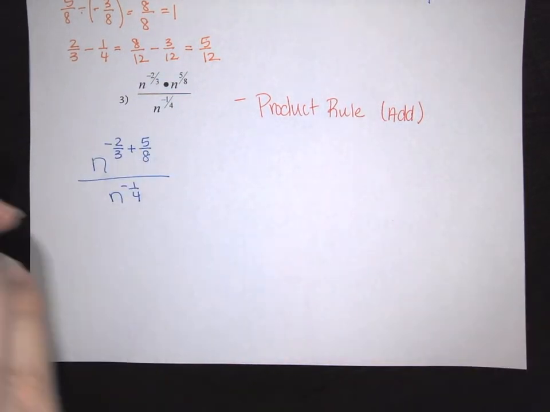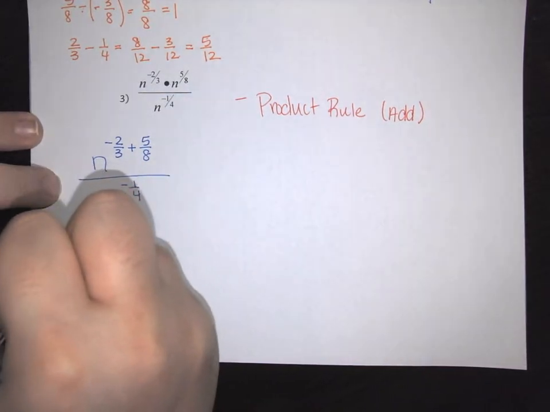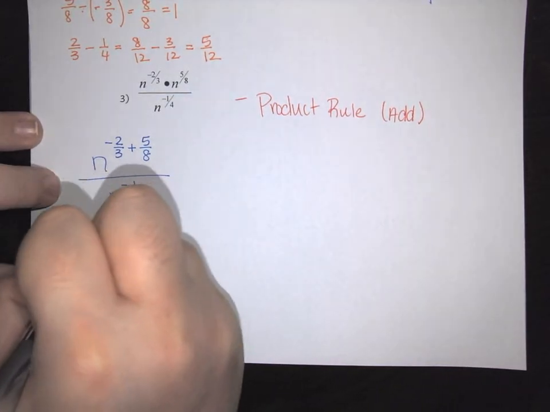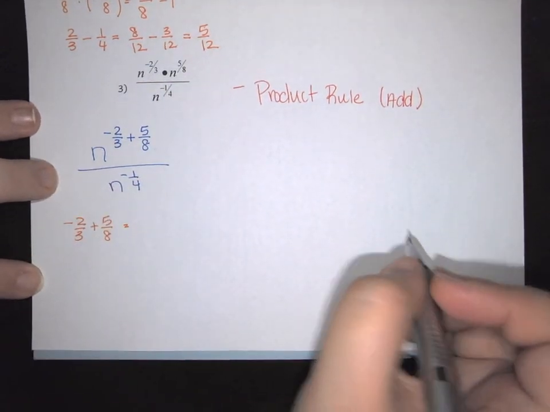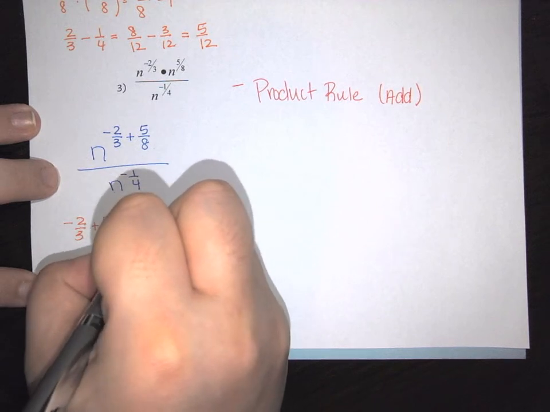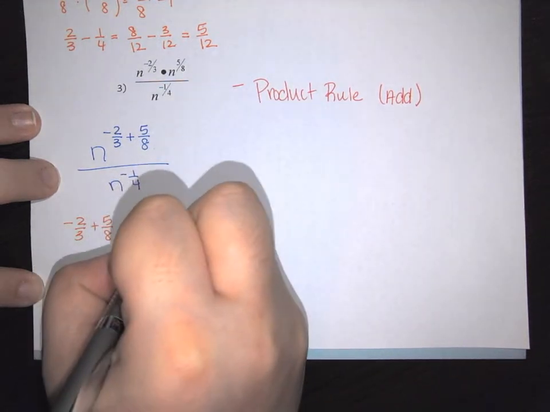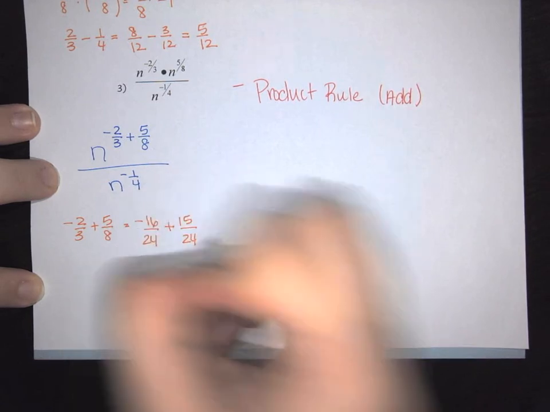So with that, I need to do the math here. I'm going to do negative 2/3 plus 5/8. I need to have a common denominator, which is 24. So here this is going to be negative 16 over 24 plus 15 over 24.